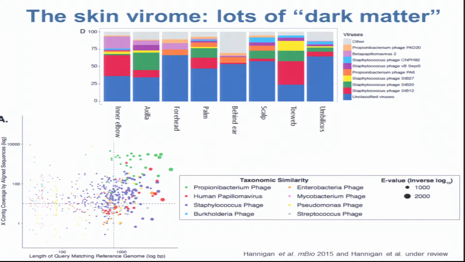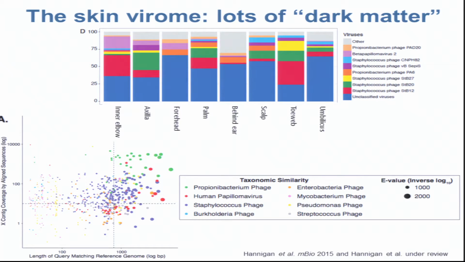But what we find is that the skin virome is lots of dark matter, and that we can't reliably classify these sequences to the taxonomic level, and this has to do with the fact that our reference databases are not adequately populated for this particular type of microbe.